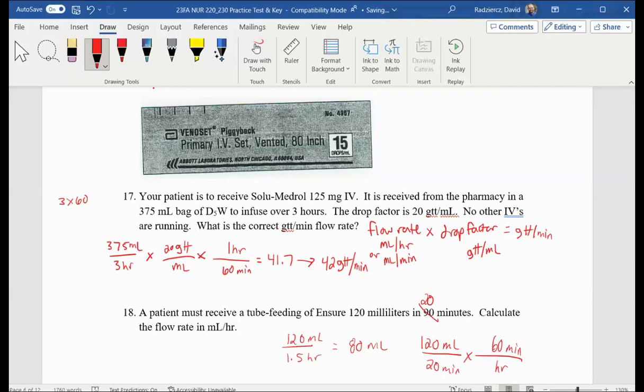So another way you could write the same problem is 375 over 180 minutes times your drop factor. And now you don't have to do any other steps. You can just get right to your answer. It's already in per minute.